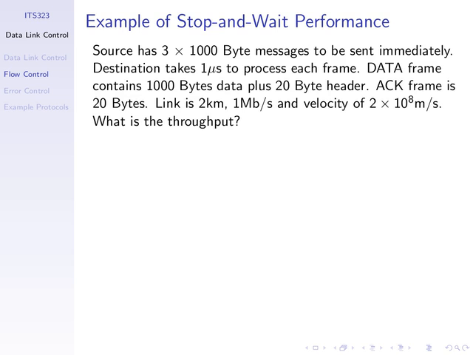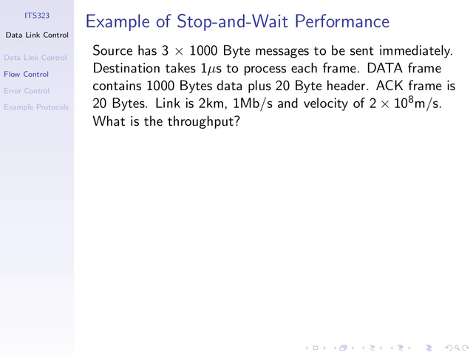So if we continue our diagram across here, we finish transmitting the second data frame at 16501. Propagation, another 10, brings us to 16511.